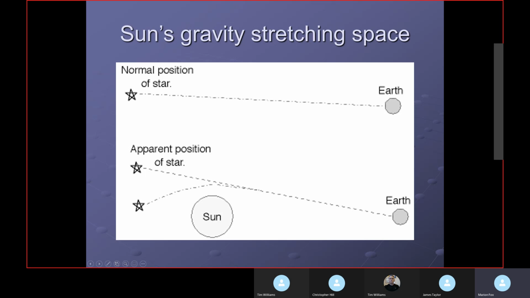The apparent position of the star is here, but as the light goes around the sun, it gets refracted. That is, space gets bent so that the speed of light changes. So the speed of light changes in space. It's not constant in space due to gravitational lenses.